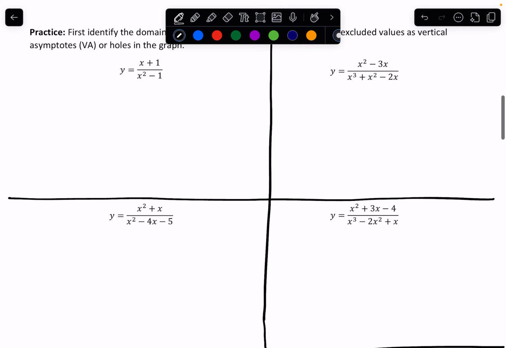Okay, so our first one is y equals x plus 1 over x squared minus 1. Now, we are able to factor this. So our top is x plus 1, and our bottom, x squared minus 1, can be factored to x plus 1 times x minus 1. It's the difference of squares.